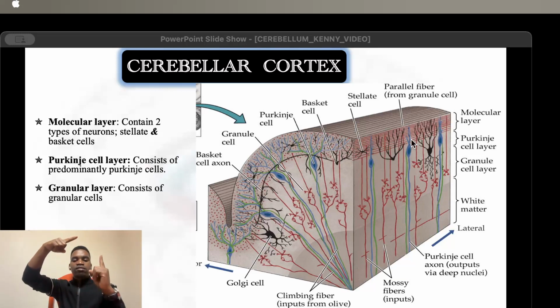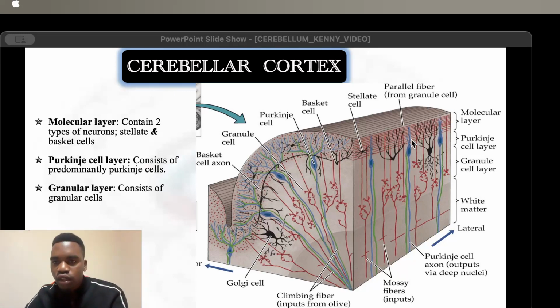If it gets into the molecular layer, it divides to form two terminal branches. But the most important thing in this slide is for you to note that the Morse fiber and climbing fiber are the two main inputs to the cerebellar cortex, and the Purkinje cell is the main output from the cerebellar cortex.